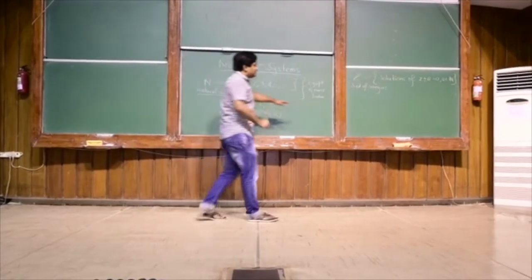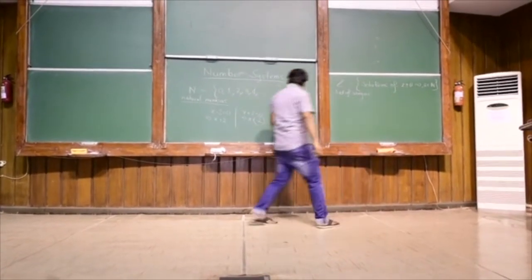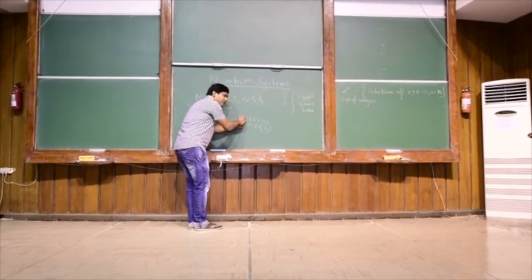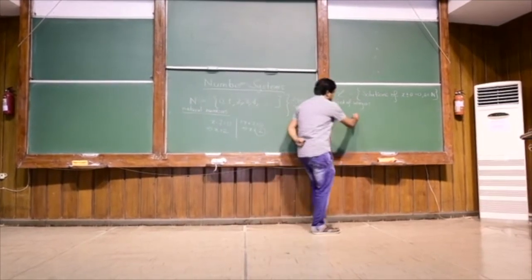I am still with the linear equation, but you see in this linear equation I have 1 here; I don't have any coefficient in the first term. So let's take the next step.